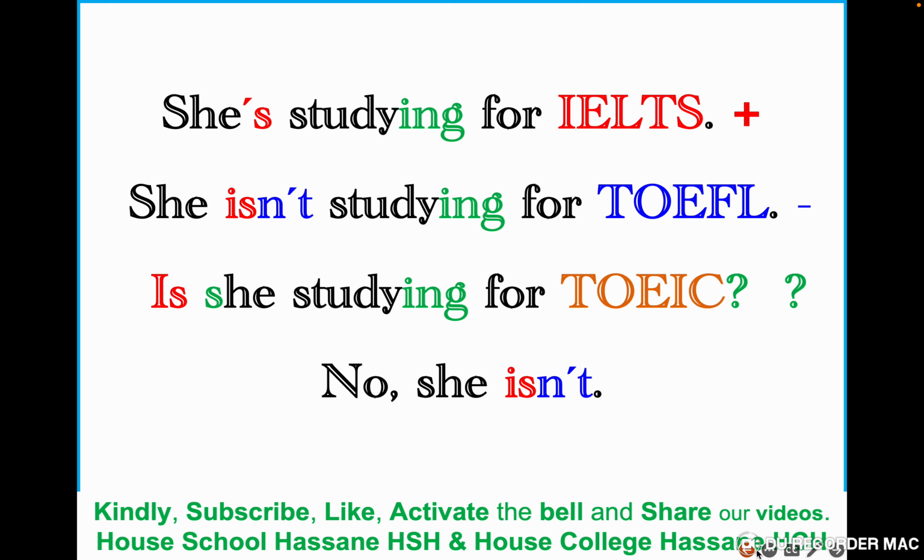And the last one, is she studying for TOEIC? TOEIC is also an international test. It means test of English for international communication. I repeat, test of English for international communication.